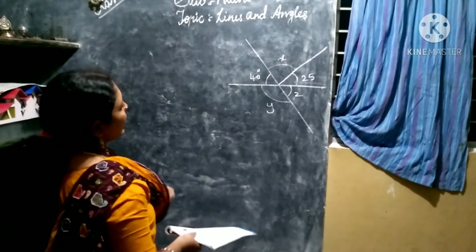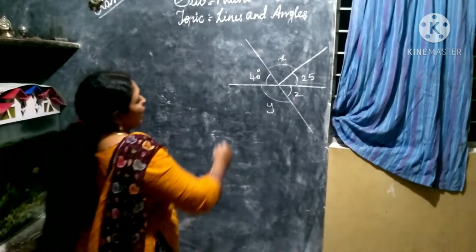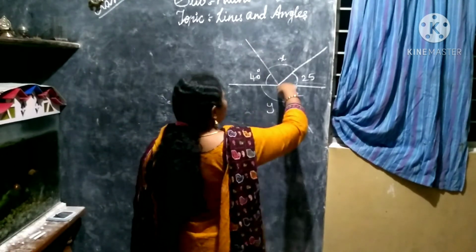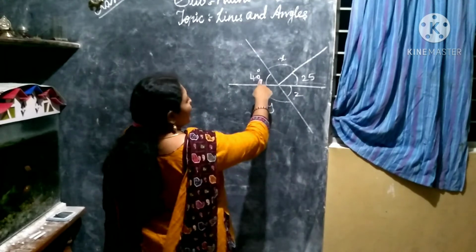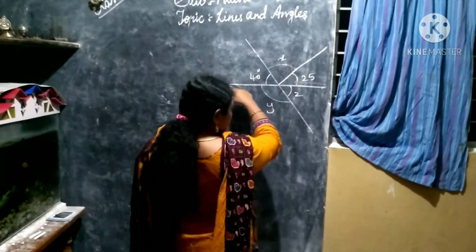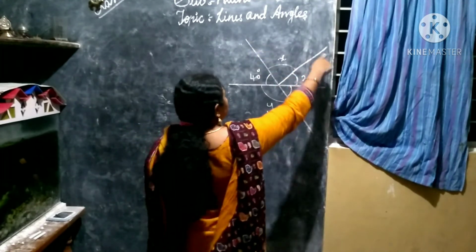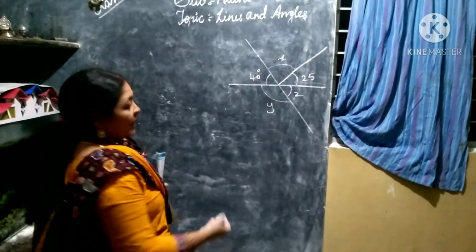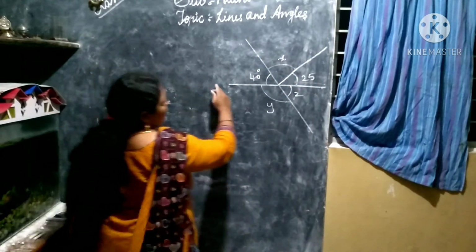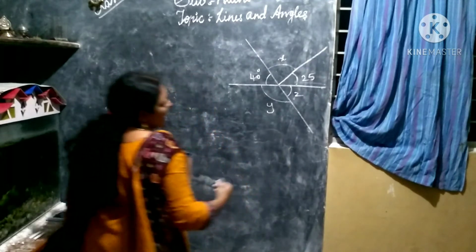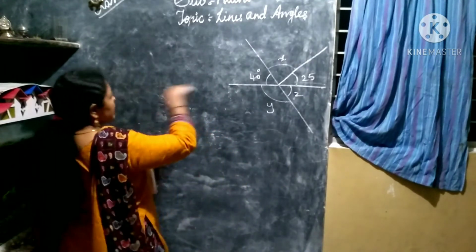Here we are supposed to find x, y and z. Now look here. These all three come in a linear pair. This is 40, 25 and x. If you just imagine, you can get all these three in a linear pair. When you get a linear pair, you can take them as supplementary angles.